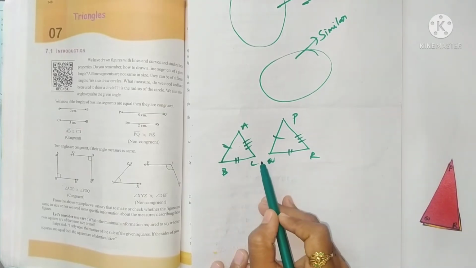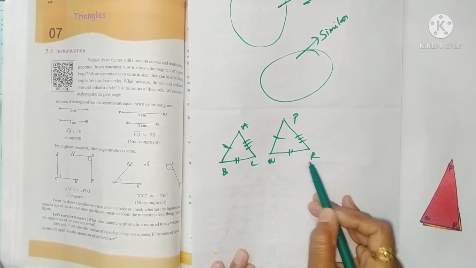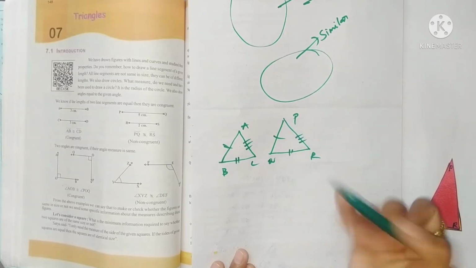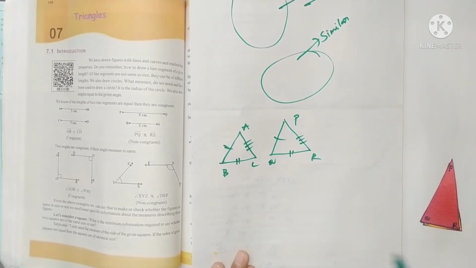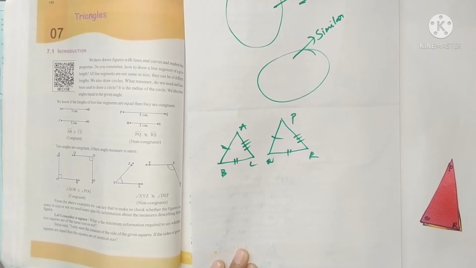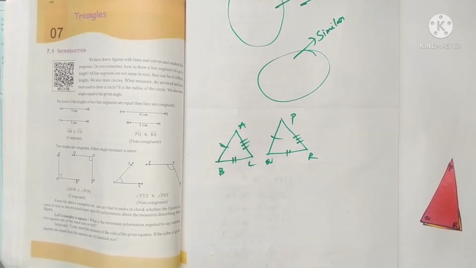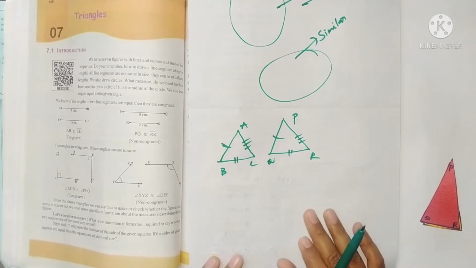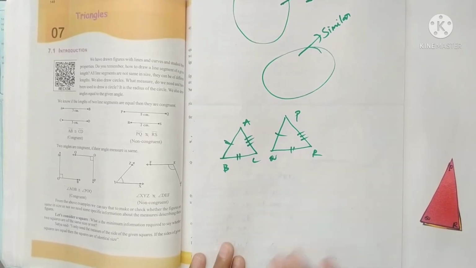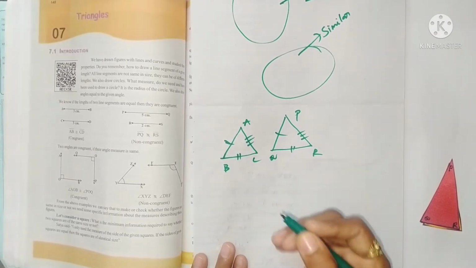And what is the corresponding side of BC? QR. Corresponding side of AC? PR. So if corresponding sides and corresponding angles are equal, then we can say the two triangles are congruent. But always we cannot compare three sides and three angles. It's somewhat difficult, right? So for that we have some theorems.